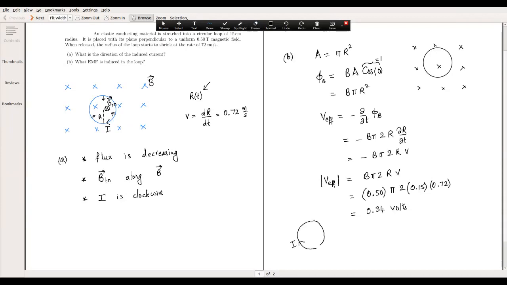So the V effective is basically this. Since it's a single loop, it is okay to associate an effective voltage in the diagram. That is all that is asked. I'll stop sharing and then stop the video.